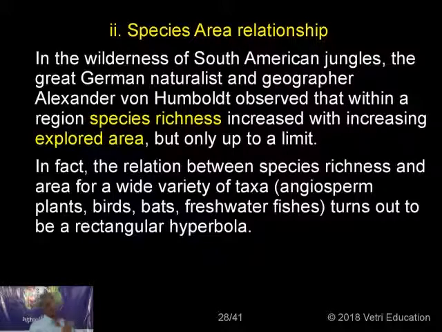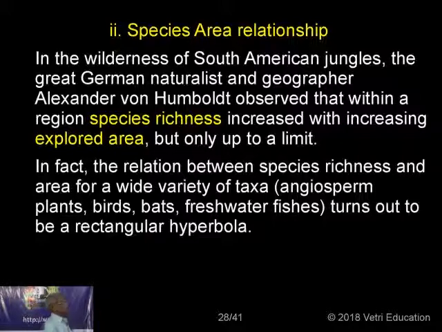Now, we are going to another concept: the species-area relationship. In the wilderness of South American jungles, the great German naturalist and geographer Alexander von Humboldt observed that within a region, species richness increased with increasing explored area, but only up to a limit.